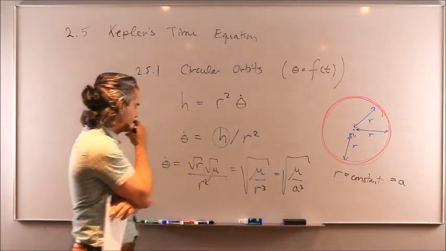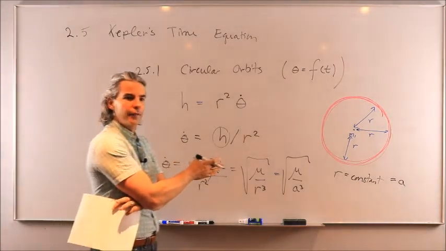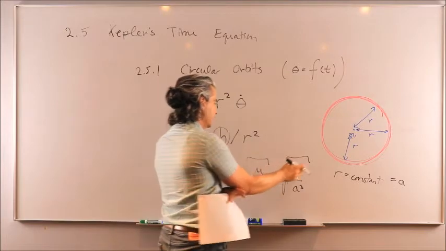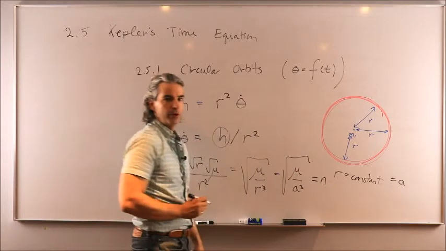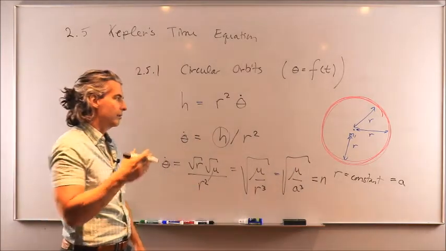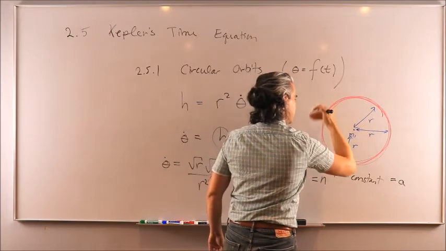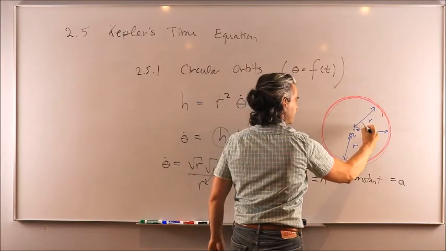Have we seen that in the past? Yes, we saw that expression in the past. And in fact, we had called this n, the mean orbital motion, which was the mean rate at which the r vector sweeps throughout the orbit in terms of angular velocity, okay?